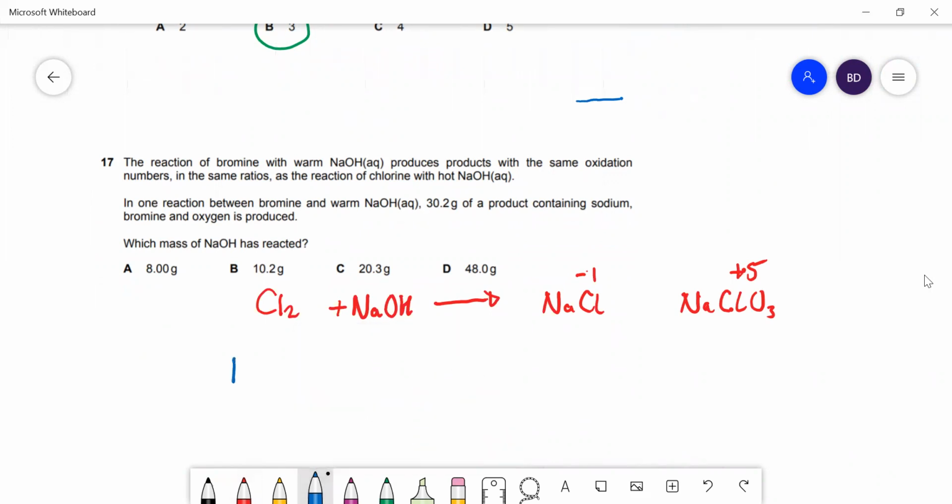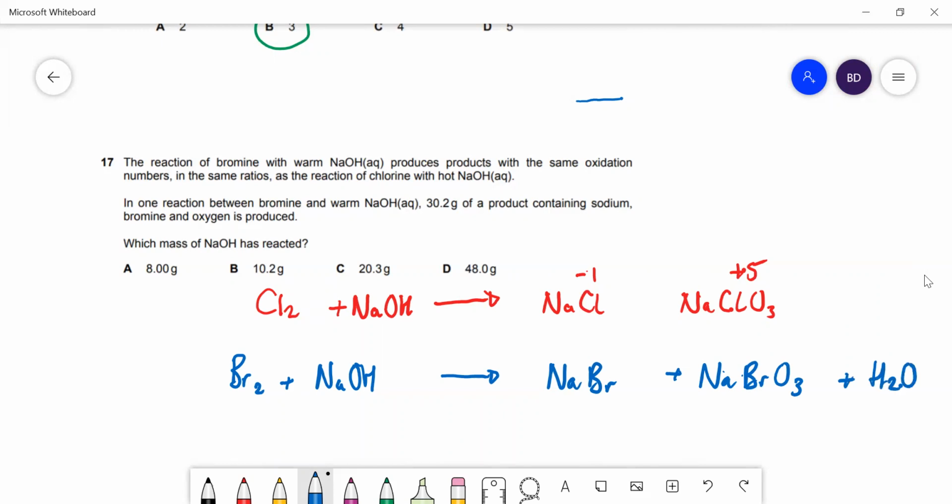You're going to get Br2 plus NaOH goes to NaBr, NaBrO3, bromate 5, and you're going to get some water.